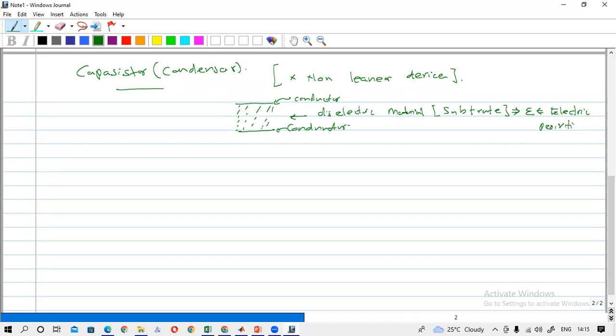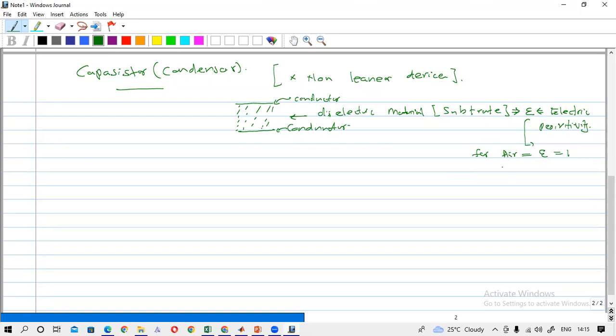For example, if air is there, this dielectric constant or electric permittivity is equal to 1. So I think you can remember this.